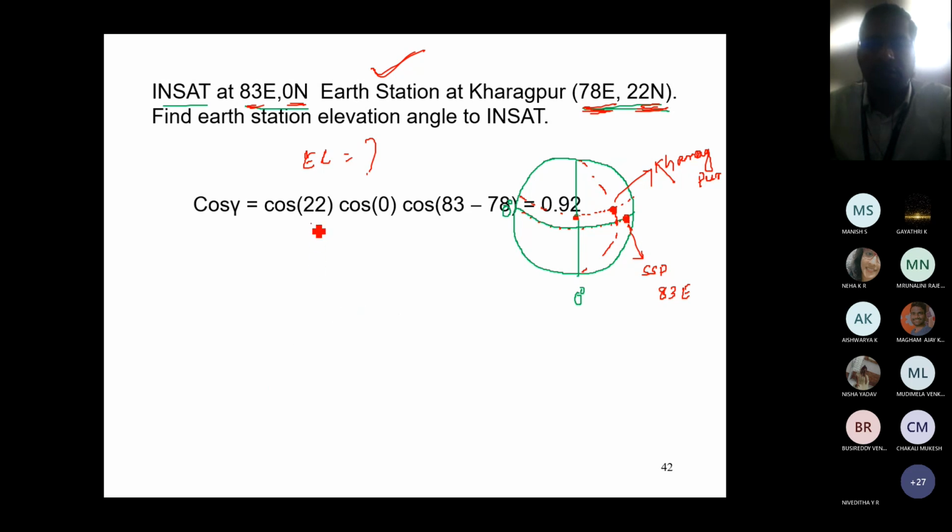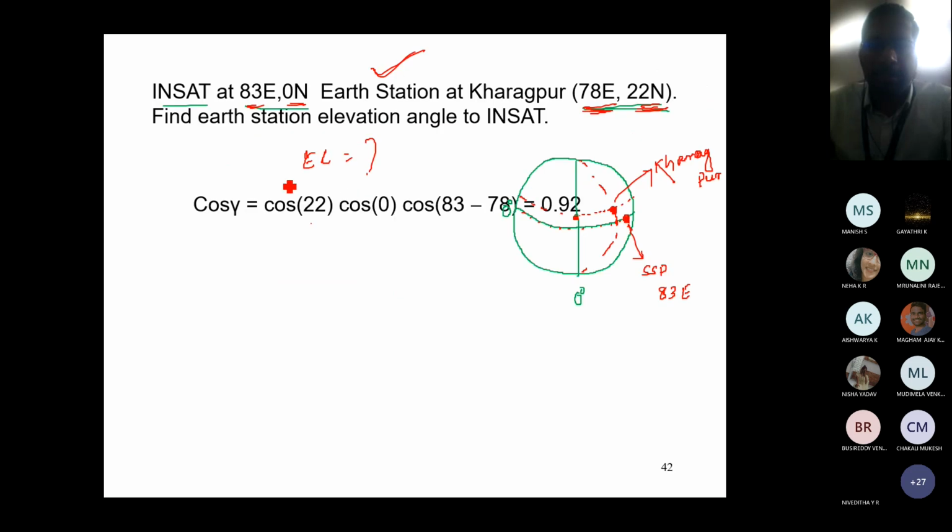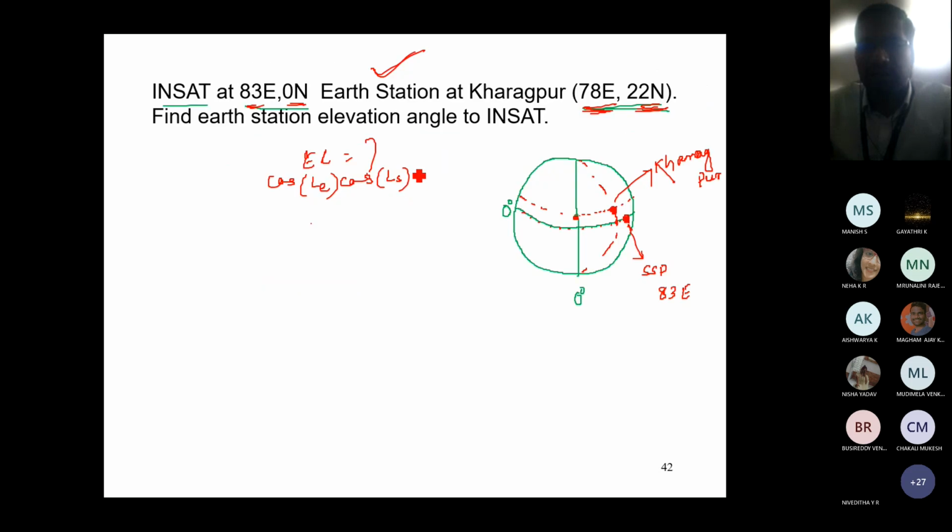So we put in the given values: cos gamma equals cos LE into cos LS into cos(ls minus le), plus sin LS into sin LE.